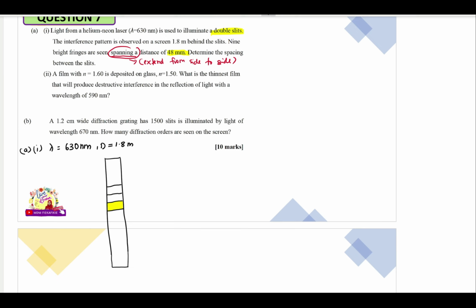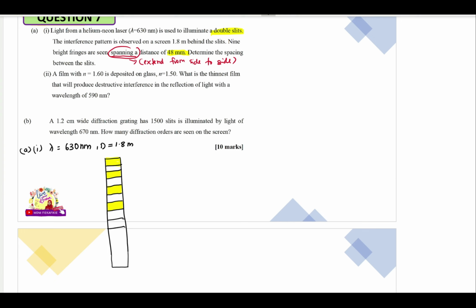Ini adalah bright fringe yang kedua yang kita nampak, ketiga, keempat. Berapa tu? 1, 2, 3, 4. Baru 4. Dia kata 9 kan? Kita buat lagi.